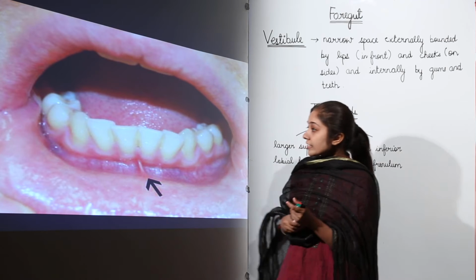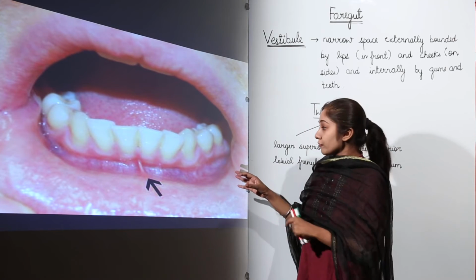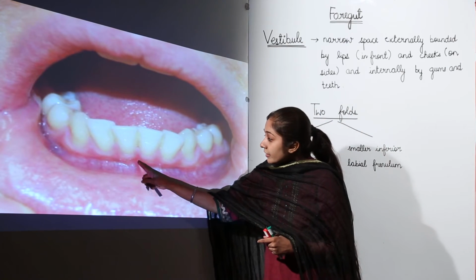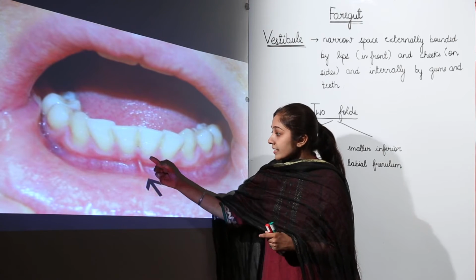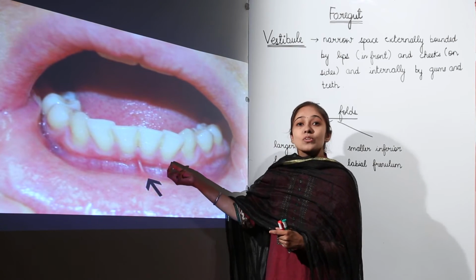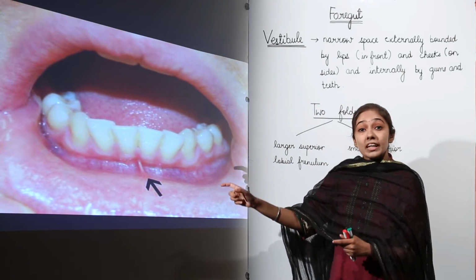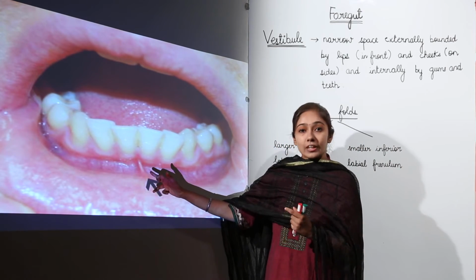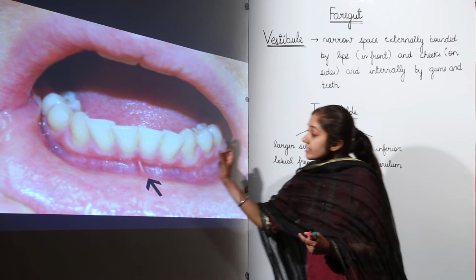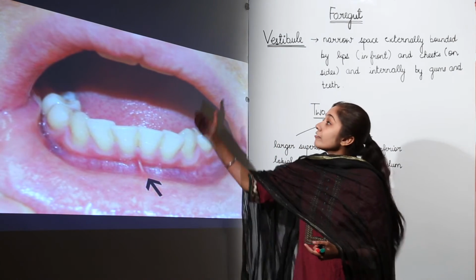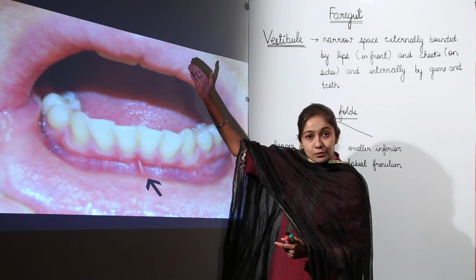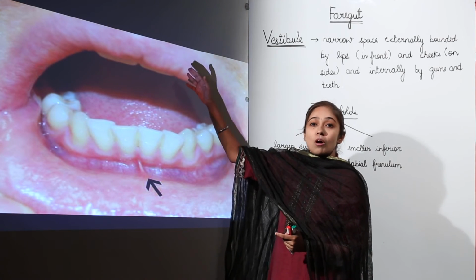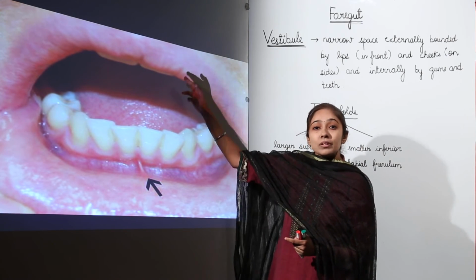So here you can make out this original image from the human mouth. This is the region. Since it is connecting the lower lip with the gum, it is the inferior labial frenulum, right? And the same frenulum is there which is connecting the upper lip with your gums, which forms the superior labial frenulum.